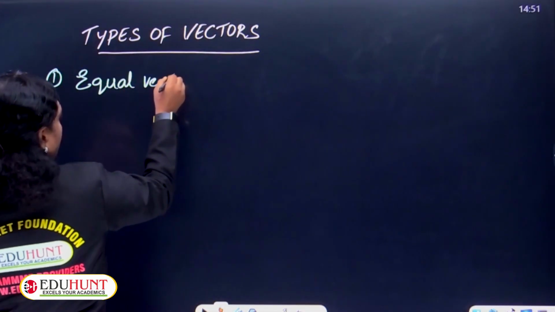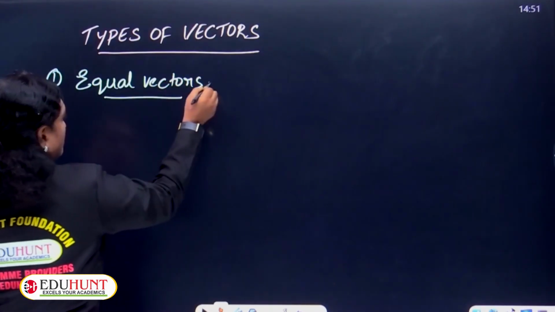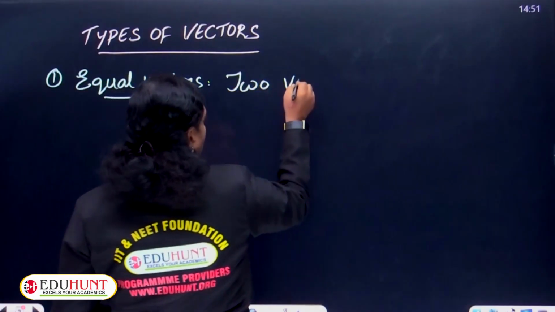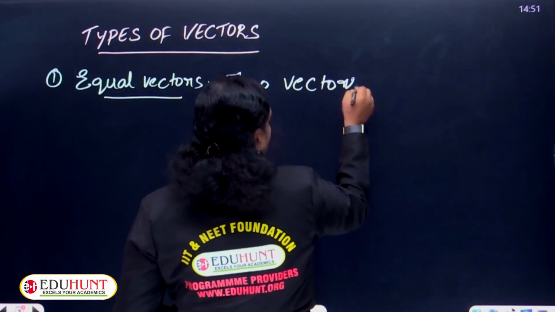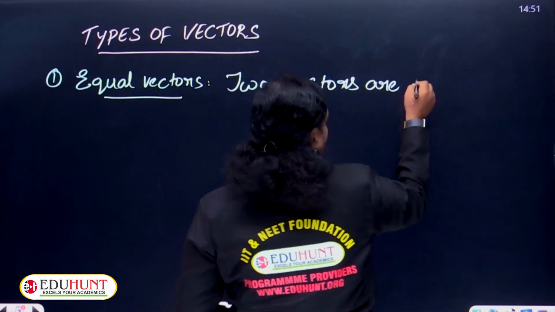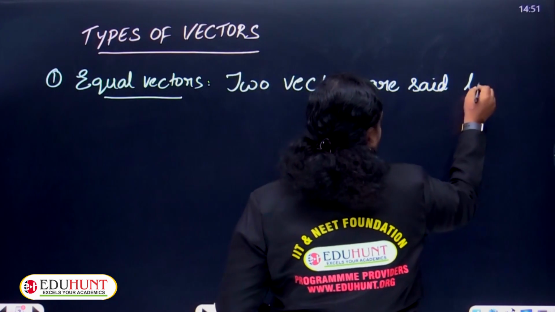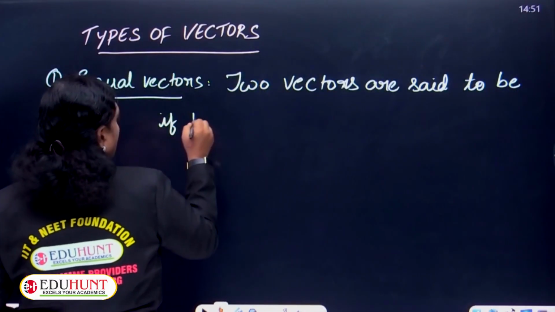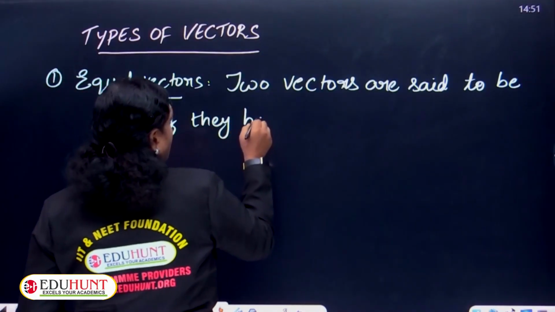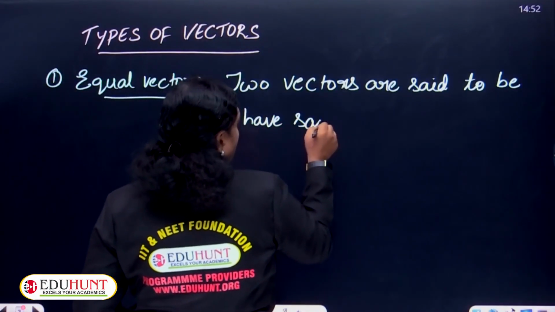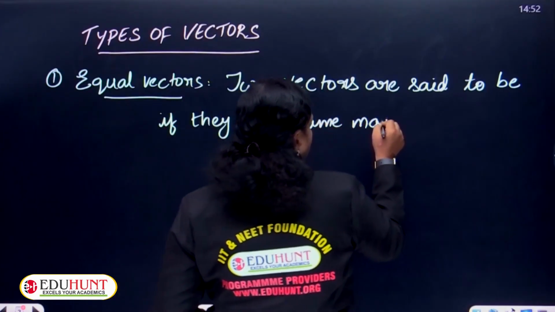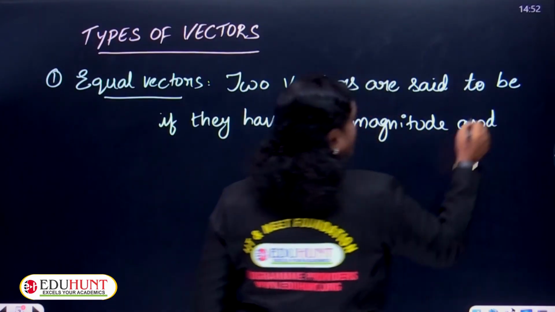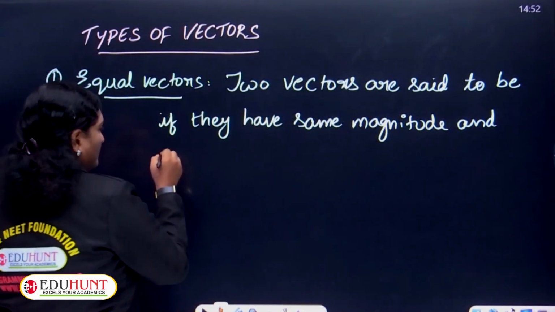So, what are equal vectors, children? Two vectors are said to be equal if they have same magnitude and represent same direction.